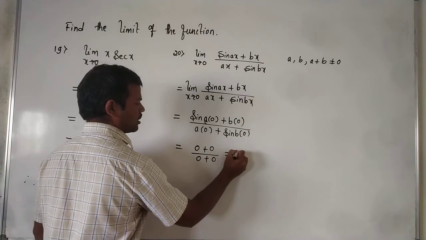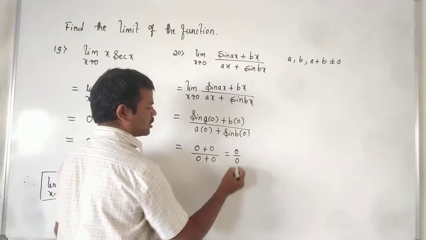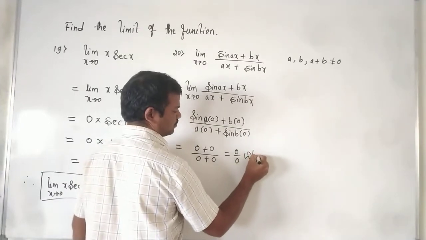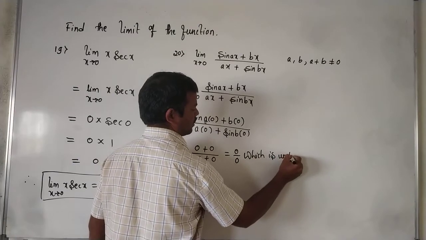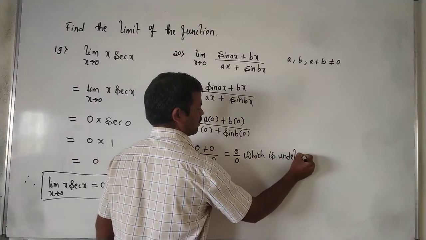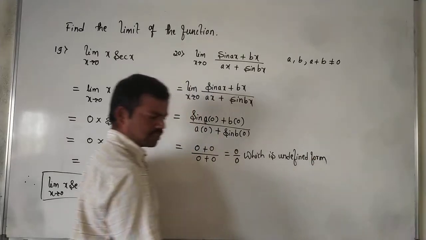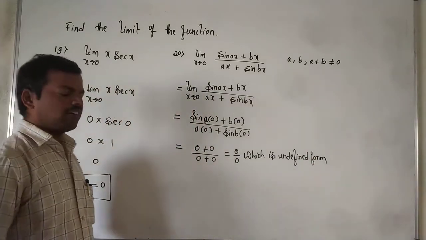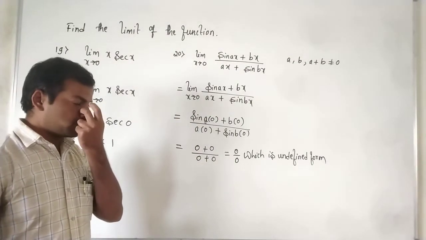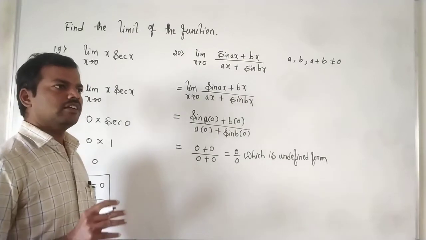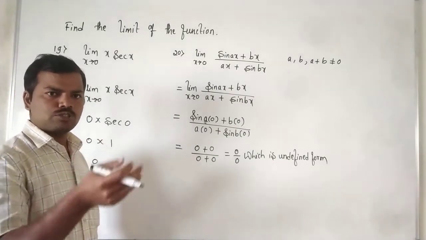So again we got 0 by 0, which is an undefined form. So then how do we get to the defined form? There we have to understand the situation of the problem and which is a suitable formula to apply to get to the defined form.